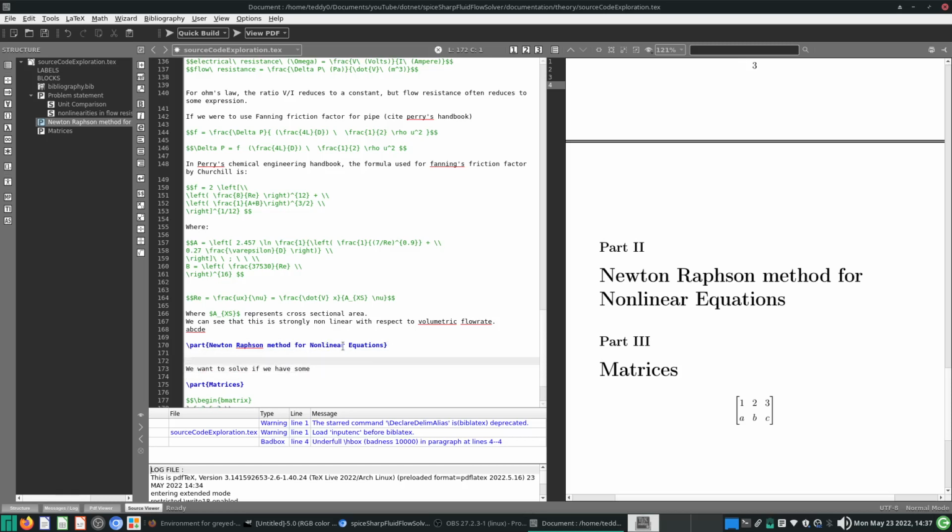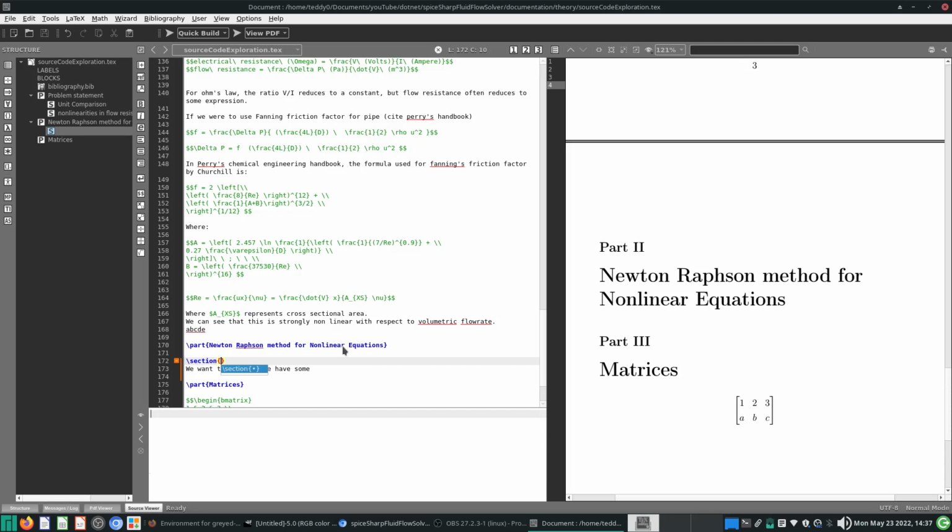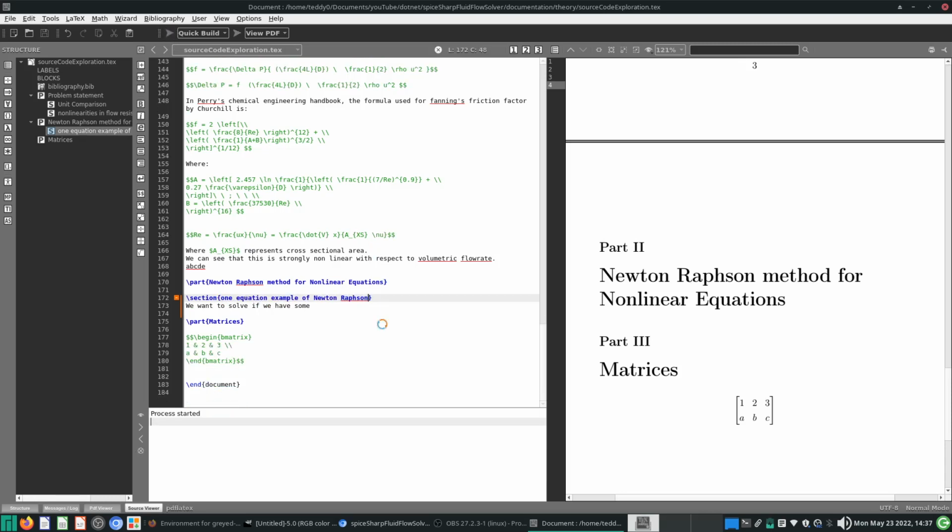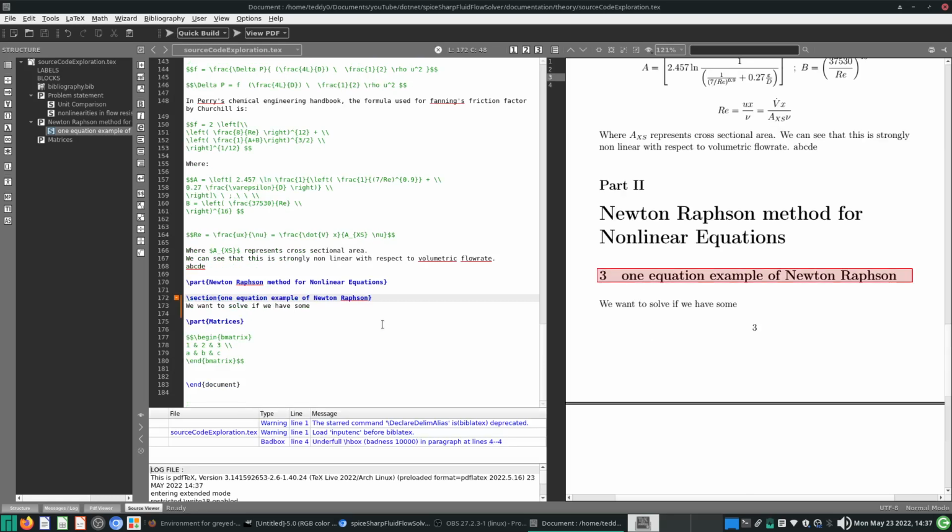Let me put this as a section. This will be a simple one equation example of Newton Raphson. So I'm going to go through all of this. If you already know this stuff, skip the video. It's not for you.